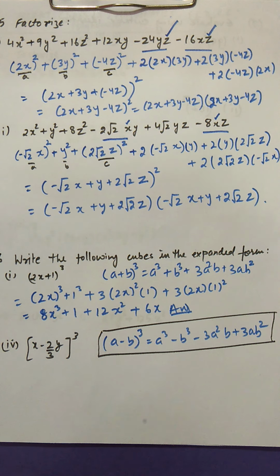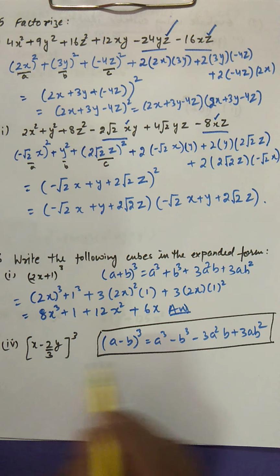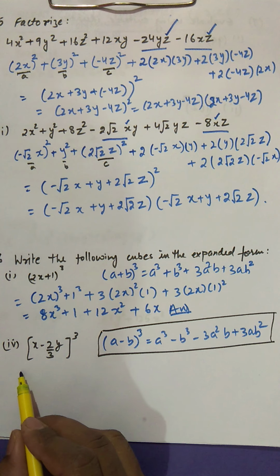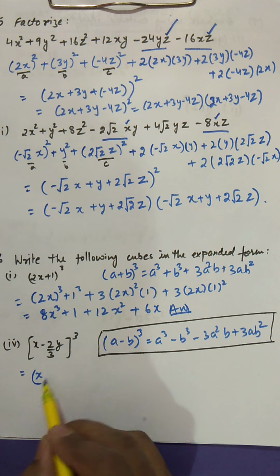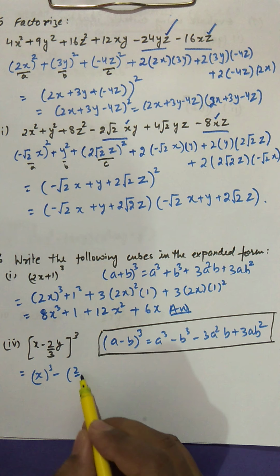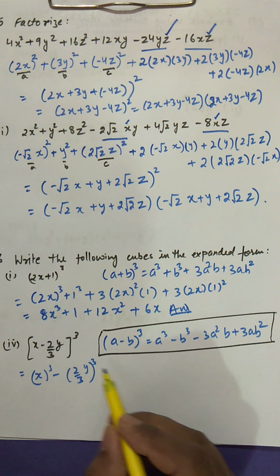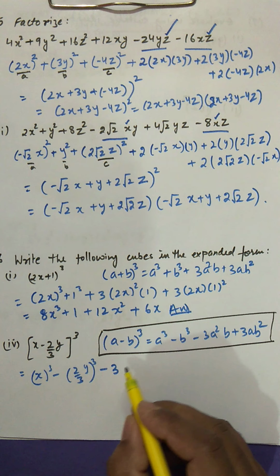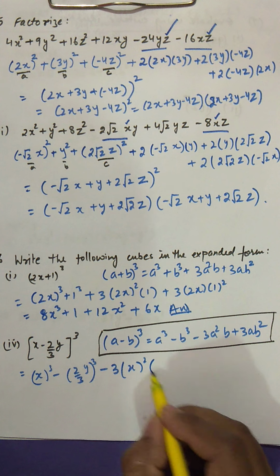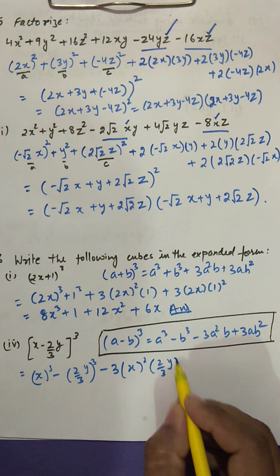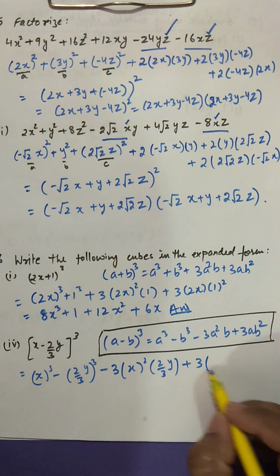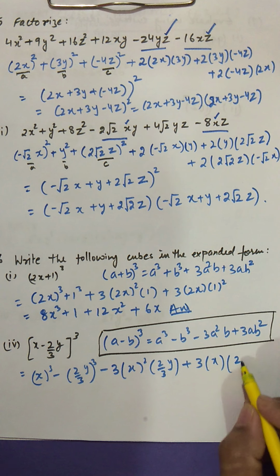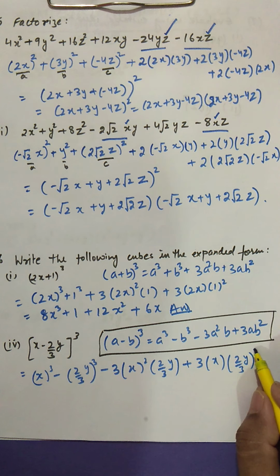You can see at place of a you have x, at place of b you have 2 by 3 y. So you write this x cube minus 2 by 3 y whole cube, and this is minus 3 a square means x square, and b is 2 by 3 y plus 3 a is x and b is 2 by 3 y whole square.